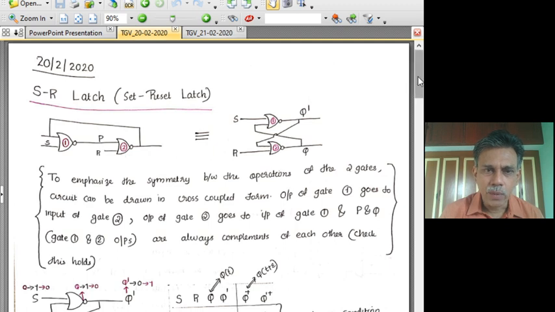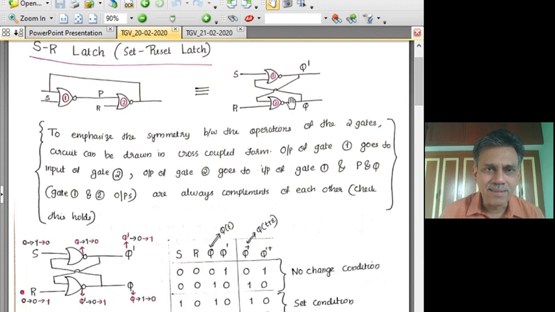Then we saw that when S equal to 0, R equal to 0, this is a no change condition. Whatever may be the value of Q, that is being retained, because when S is 0, R is 0, it is the other input of the NOR gates that influences the NOR gates' working.